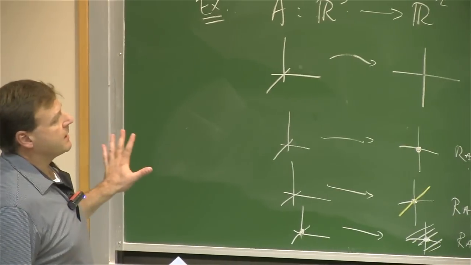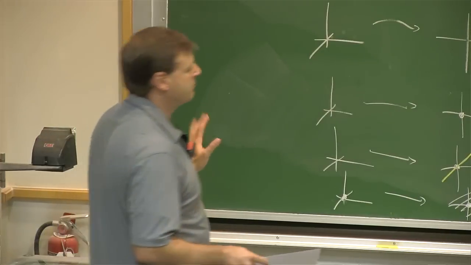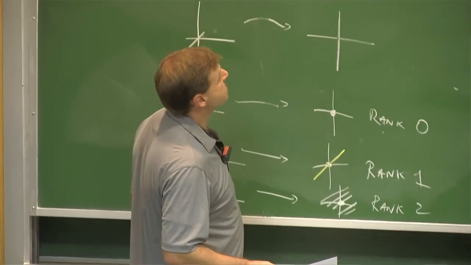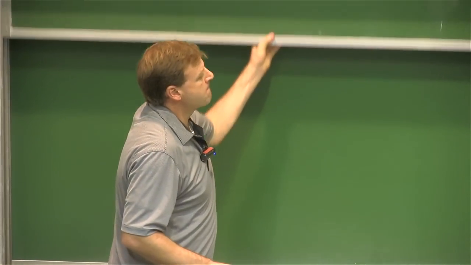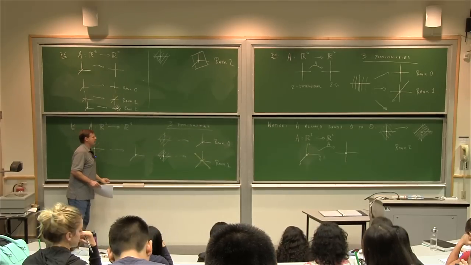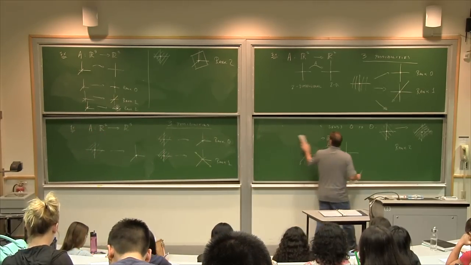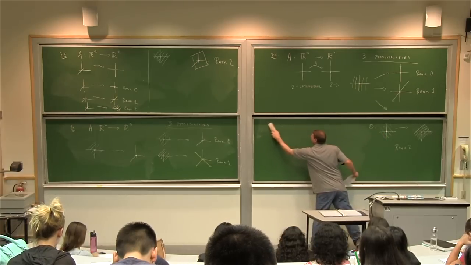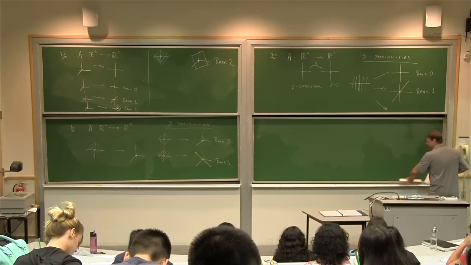This is a big subject, so you could take a whole class on this. I'm just trying to do a little sketch of what's going on here. That way at least you have a picture in your mind when you're looking at this stuff. Okay, let's just do one more. Let's do the possibilities where we have 3 dimensions going into 3 dimensions.